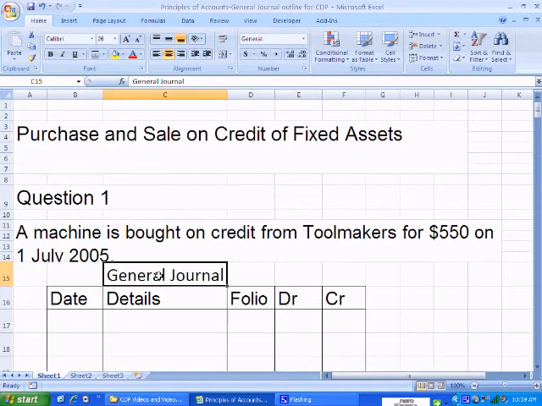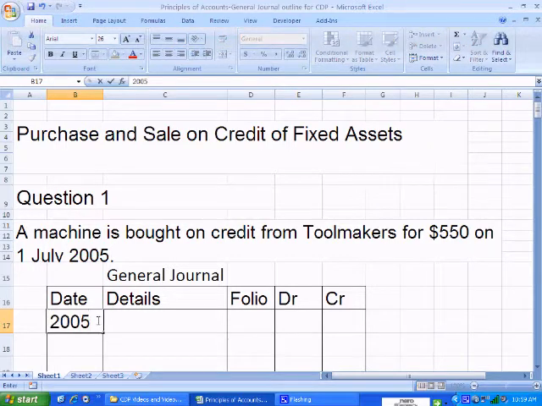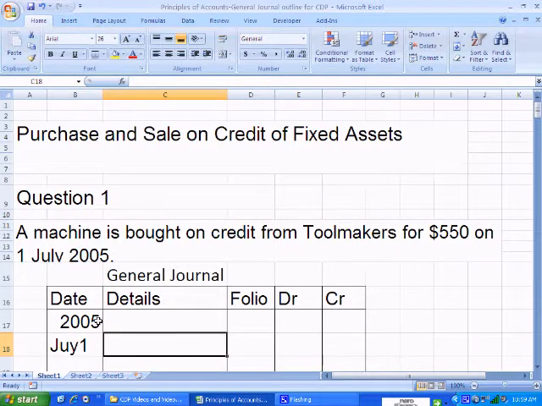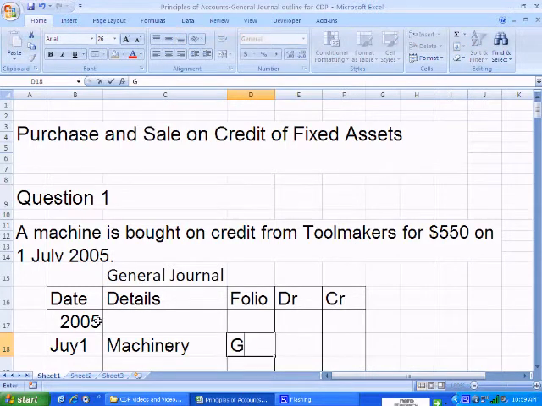That's the first thing. Then go to the date. This is 2005, July 1, machinery. We got GL1.